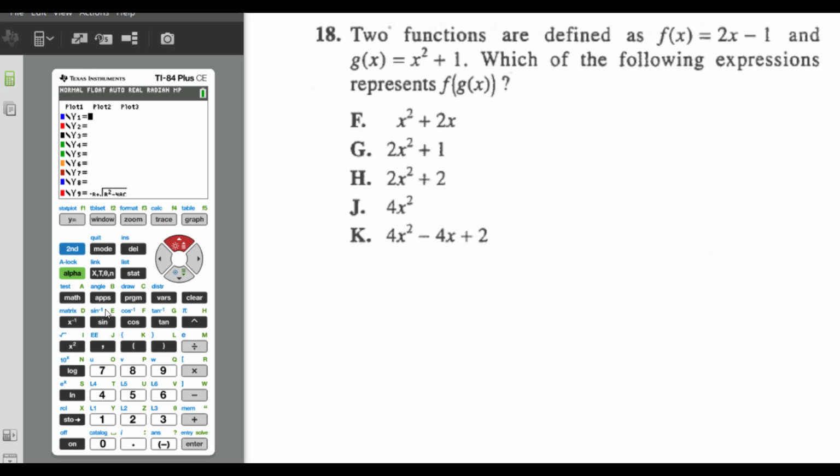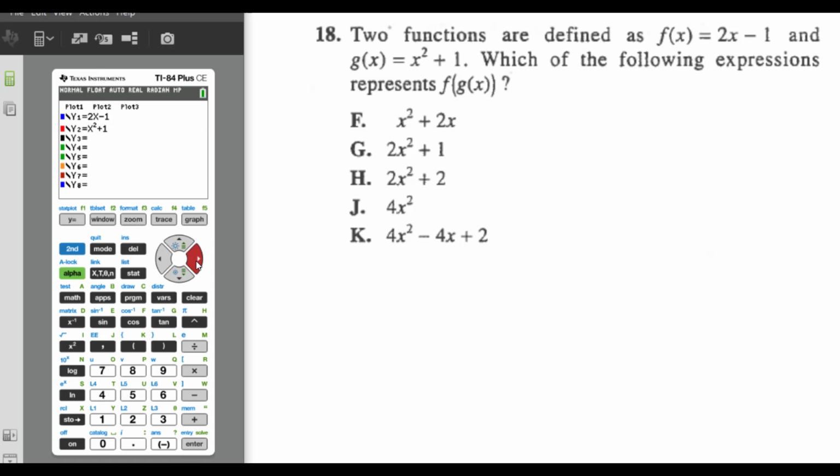So I'm going to type in 2x minus 1 in y1, that would be the f function, and x squared plus 1 in y2 for the g function. Since I don't want to graph these, I'm going to turn them off by pressing enter on top of the equal sign. They can be referred to, they just will not appear on the graph.